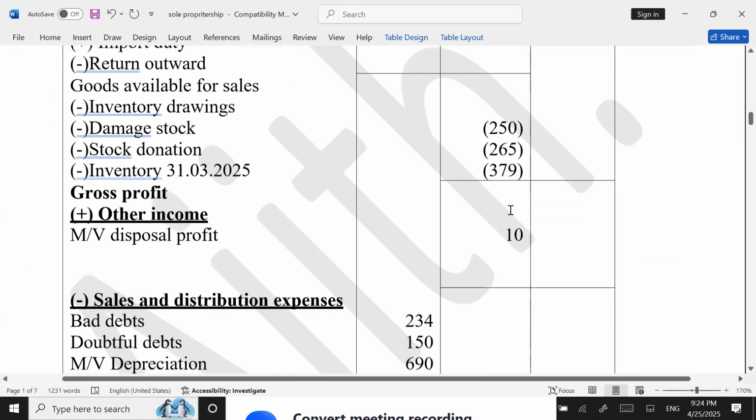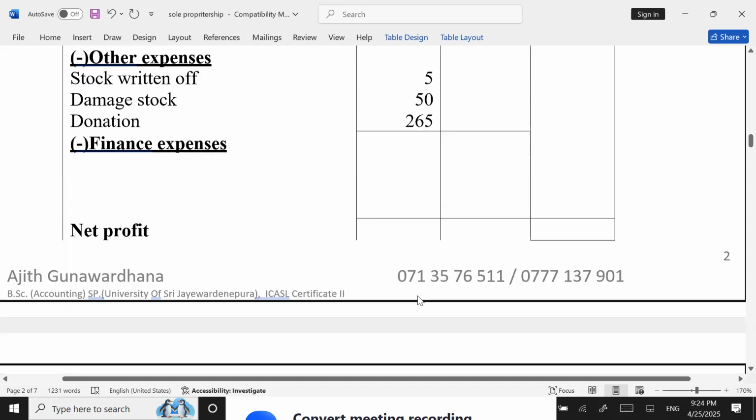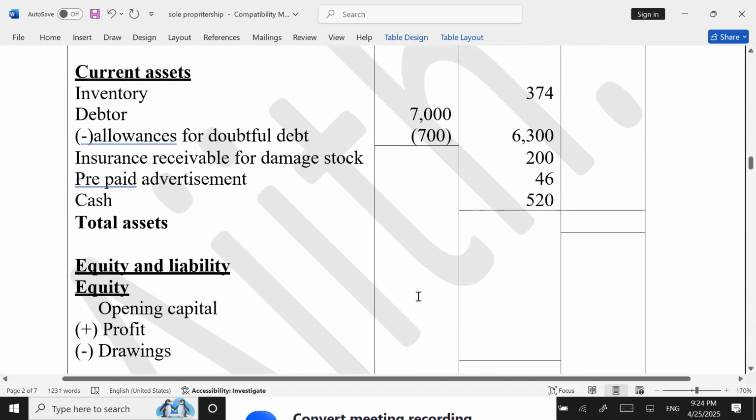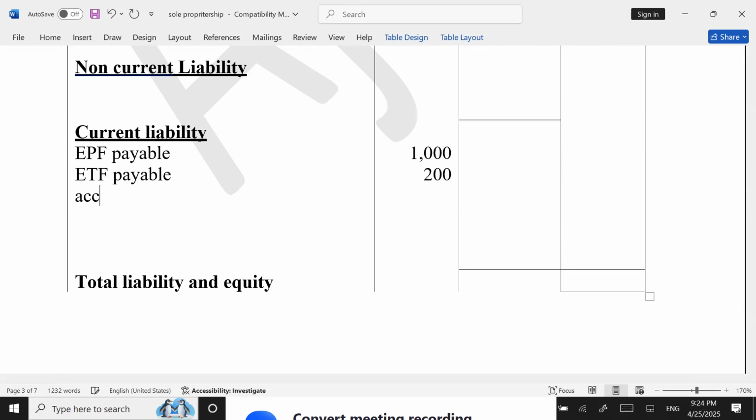Therefore, under administration expense, the telephone should be considered as 140 plus 6 equals 146, and under current liability as accrued telephone, only 6, the accrual value.